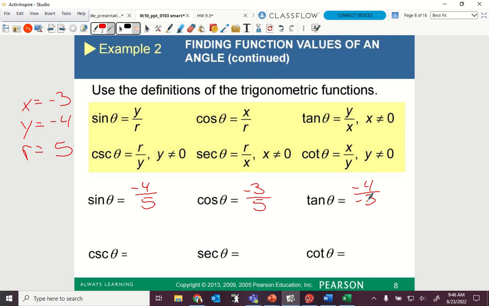A negative divided by a negative has the same rule as multiplying: 2 negatives always give a positive. So will I change my answer here? Yes, I will, because 2 negatives is positive, so my answer is going to be a positive.